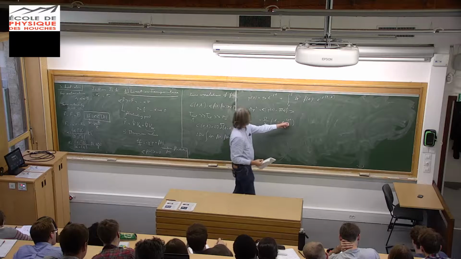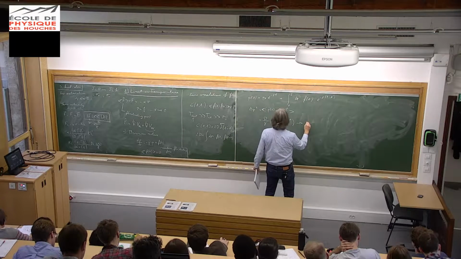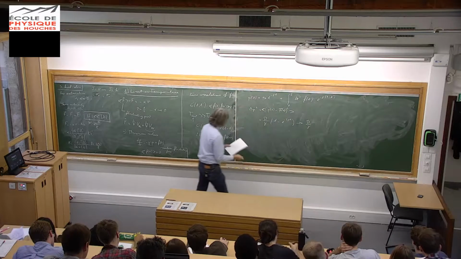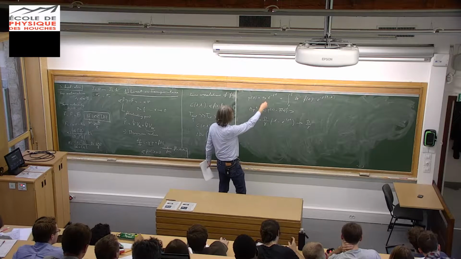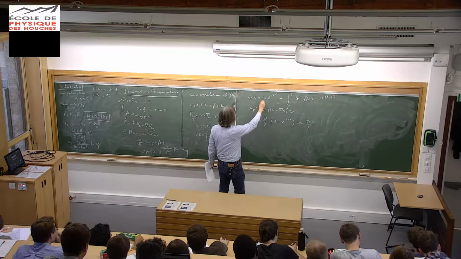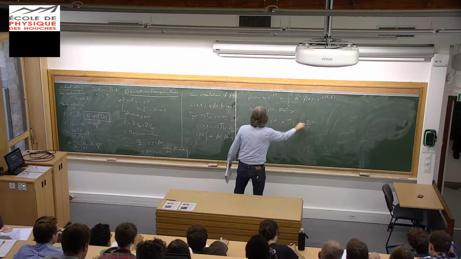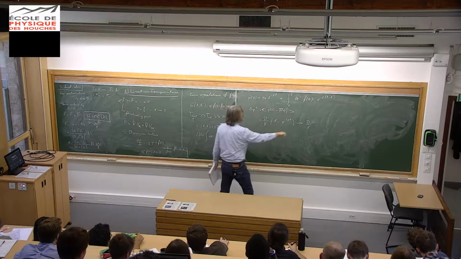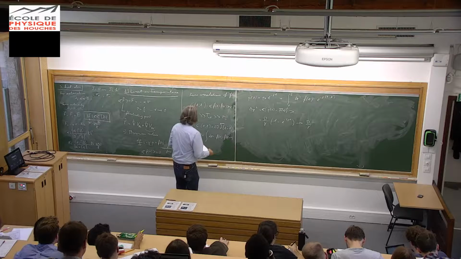And if you wait long enough, then it will go to D divided by gamma. And so in fact, if you start from any distribution, any initial velocity, you will end up with a dispersion of the momenta, which is given by D divided by gamma.